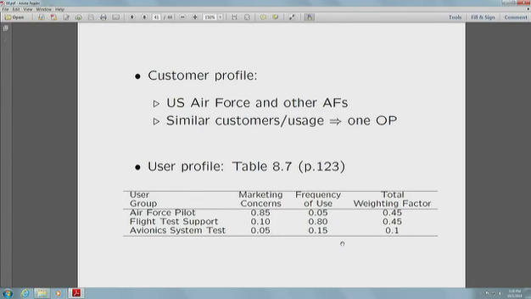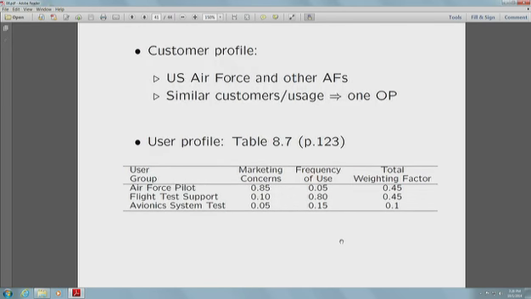He looked at the customer profiles, and since all the customers are similar, he kind of looked at them but skipped. Then he looked at the user profiles. The different users of this system have one frequency of usage, but their importance is different. So he came up with a comprehensive weighting that takes care of both the marketing concerns and the frequency of usage.